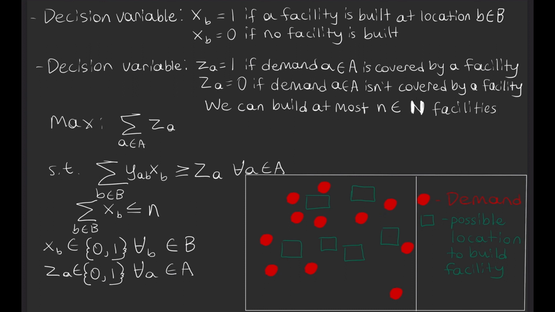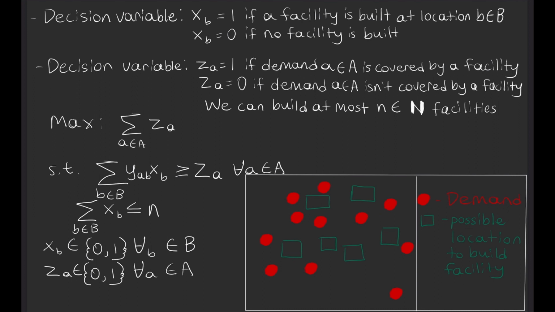In this problem, we have a second decision variable called ZA. If ZA is 1, the demand A of A is covered by a facility. If ZA is 0, the demand A of A isn't covered by any facility. Keep in mind that this is any facility and it is different than YAB, because YAB is between a specific location of a facility and a specific demand.